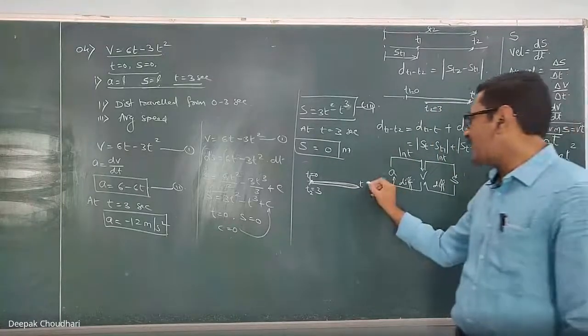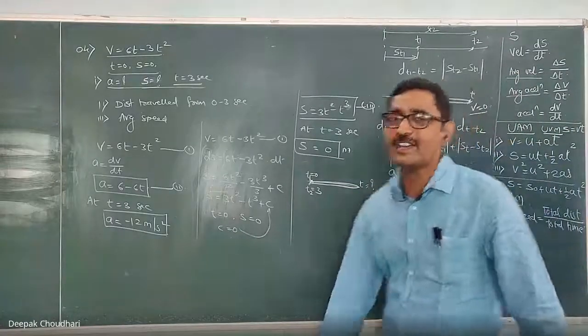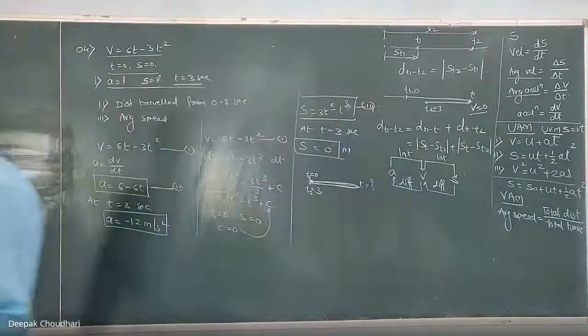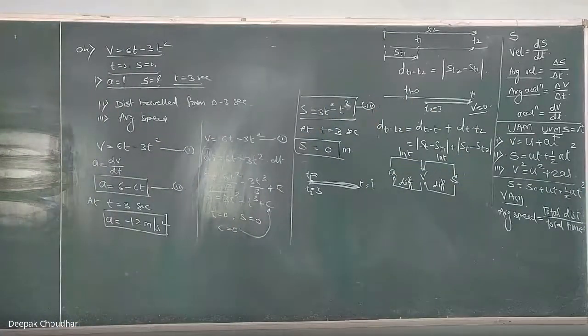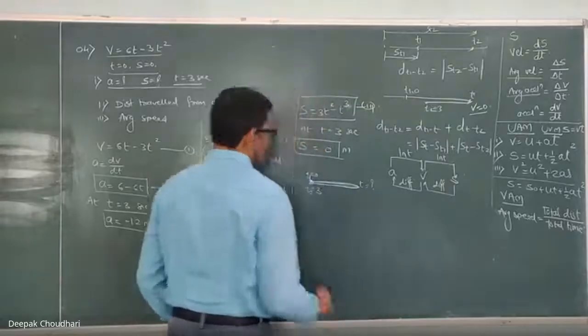Now the question is how I can get this time where the particle reverses the direction of motion. It won't be exactly 1.5 seconds, it won't be exactly at the middle. So tell me how I can get that. V is equal to 0. Okay.